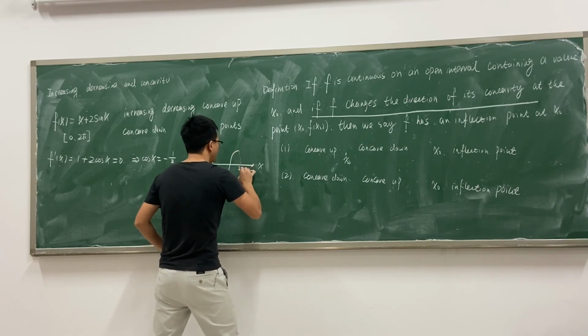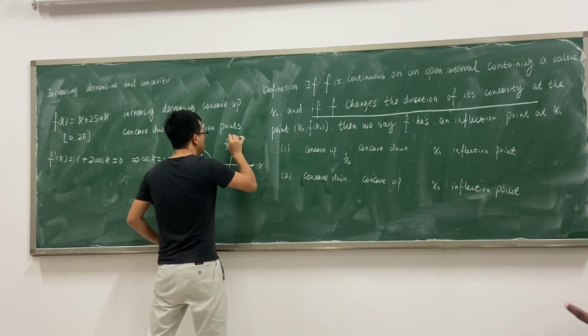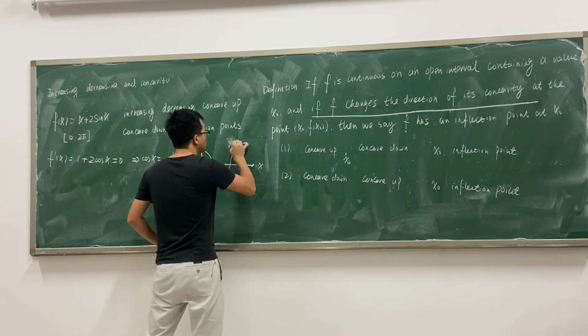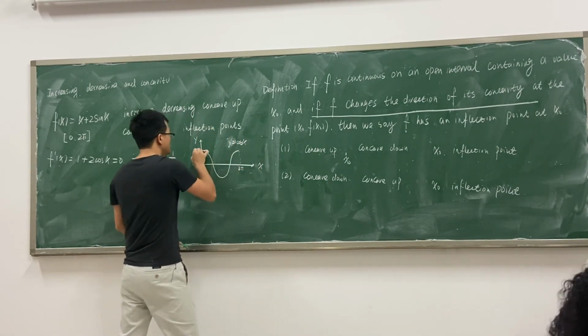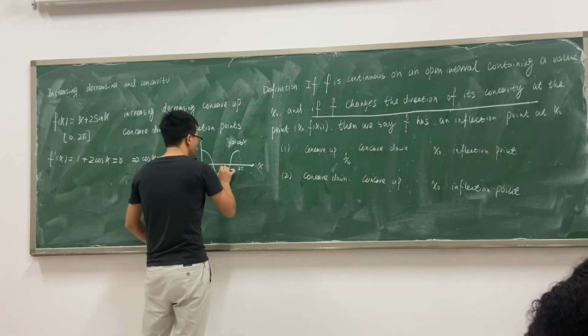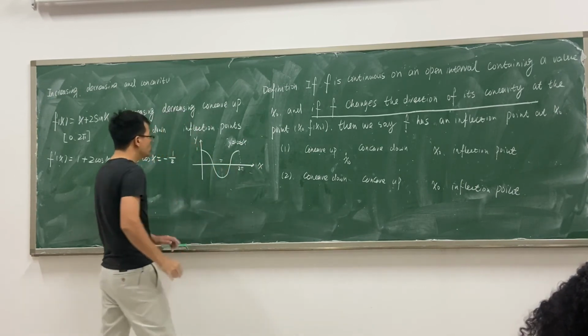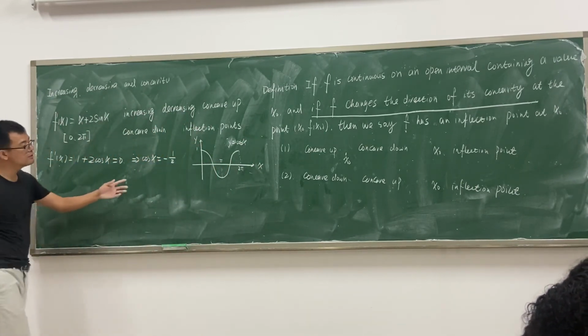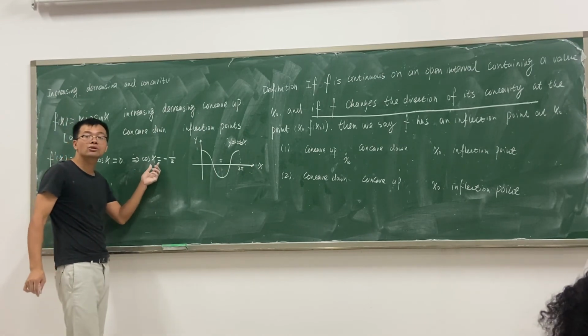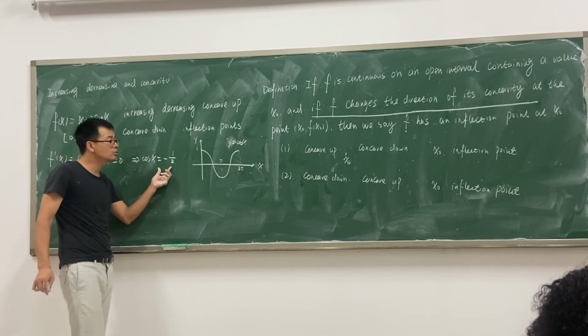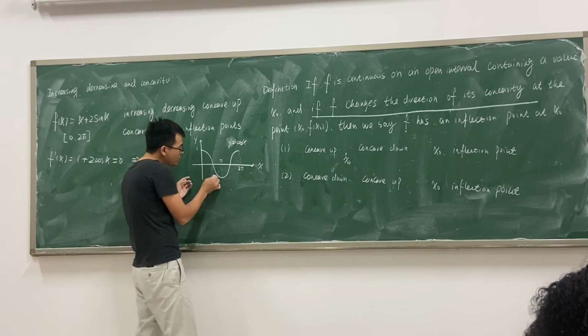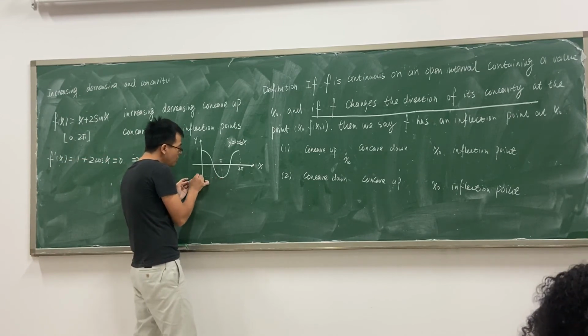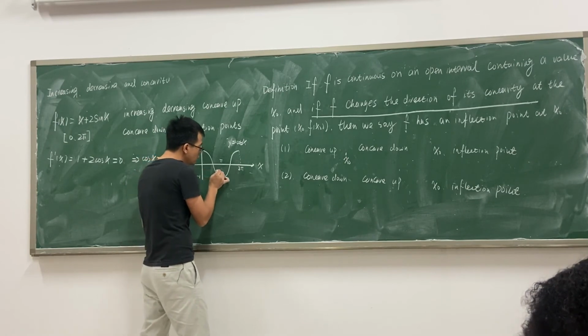Here is y equals cosine x. Here is 1, here is pi. So in this interval, 1/2 is here, and minus 1/2 is here.